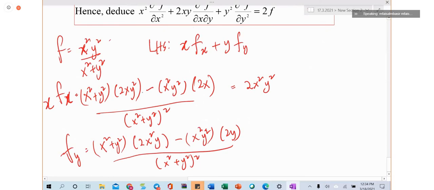Put x here, x here. So this no need because it is times. Okay.